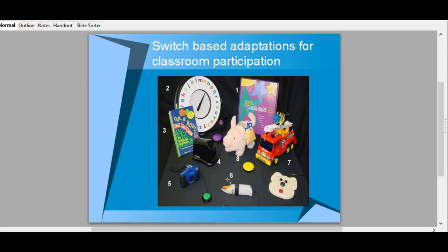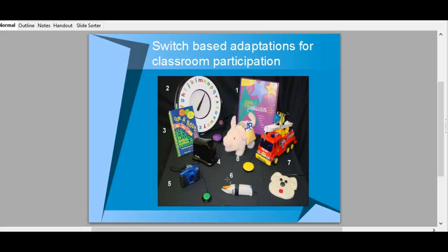Here's more adaptations for classroom participation. All of these things can be plugged to a switch with a cable. More and more you can see interfaces that don't use any cables or any batteries.